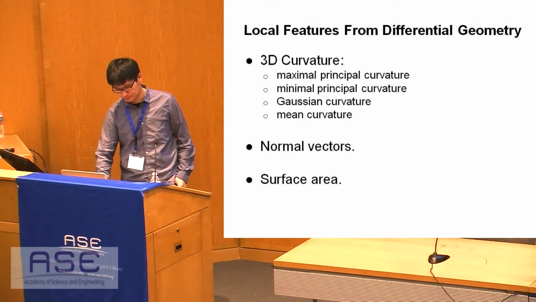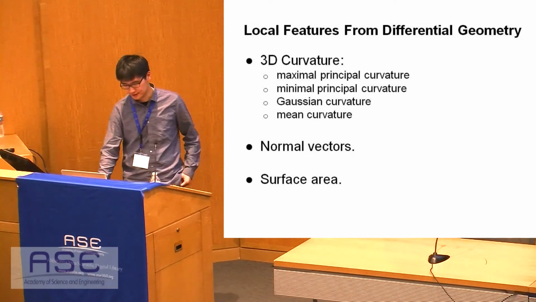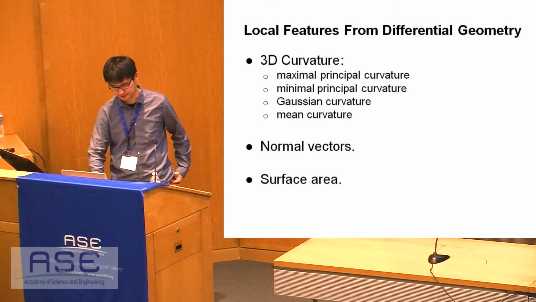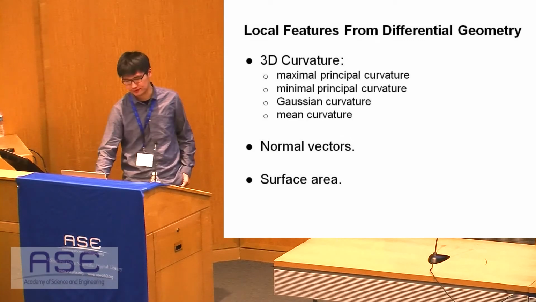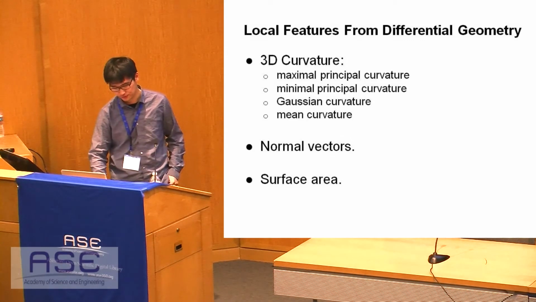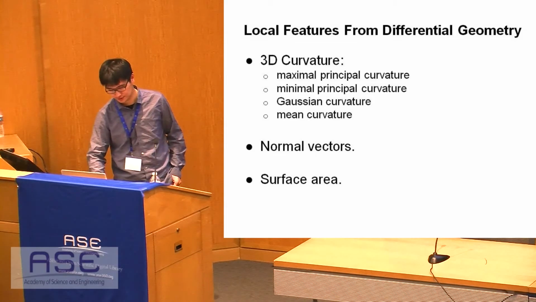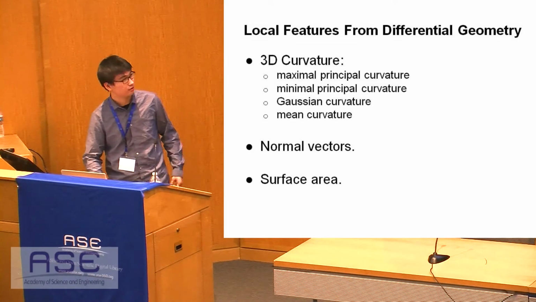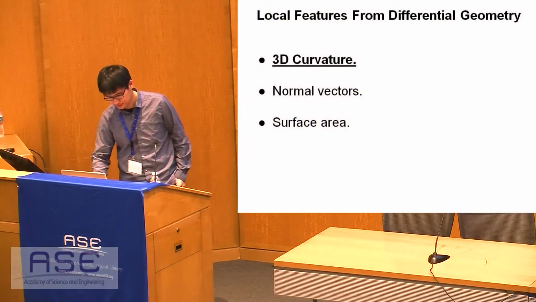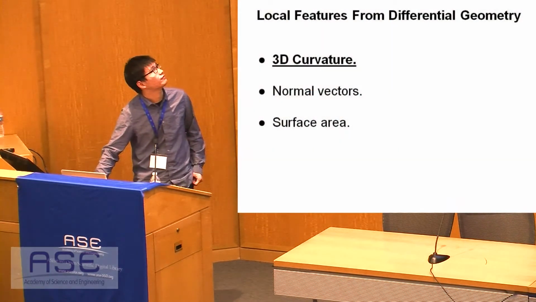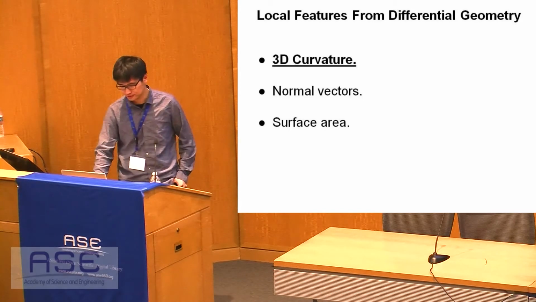When it comes to three-dimensional space, since it becomes more complicated, we have different definitions for curvature, these four: maximal principal curvature, minimal principal curvature, Gaussian curvature, and mean curvature. So let me introduce the visualization result for three-dimensional curvature first.